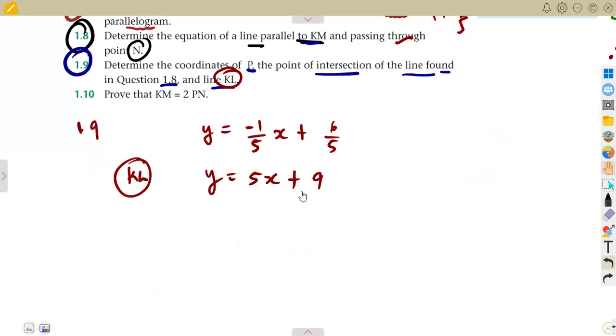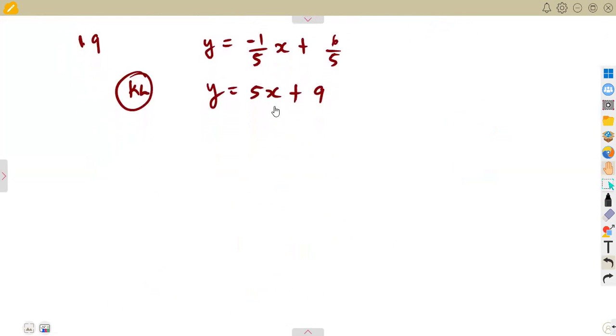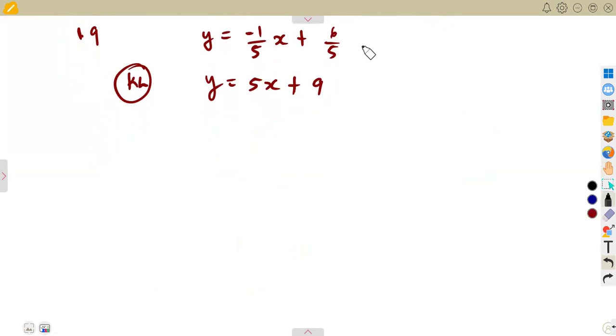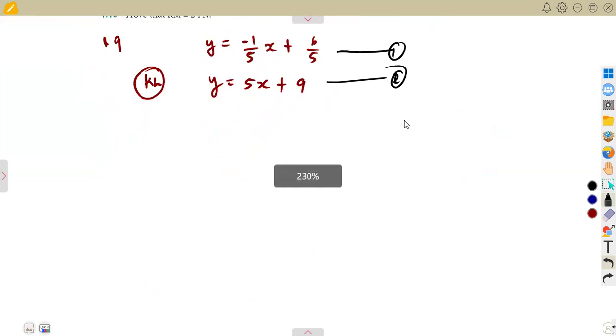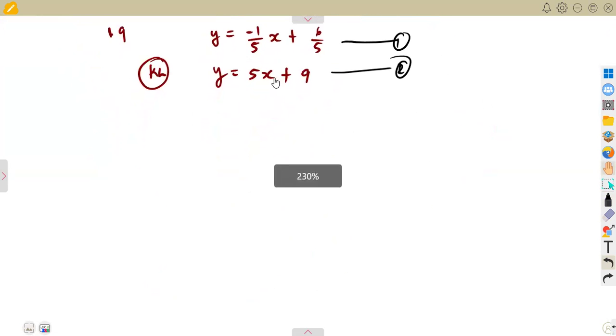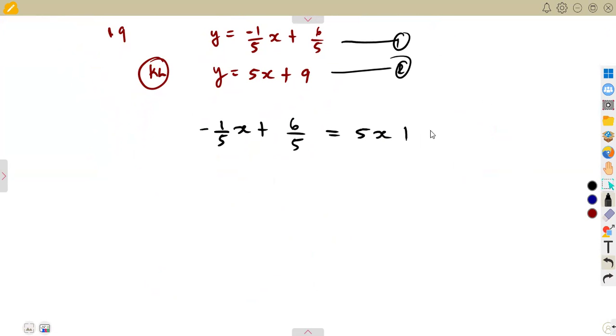We are already given y in terms of x from equation 1 and from equation 2, so I can simply equate the two. You equate what is on the right-hand side of one equation to the right-hand side of the other. So minus 1 over 5x plus 6 over 5 is equal to 5x plus 9.